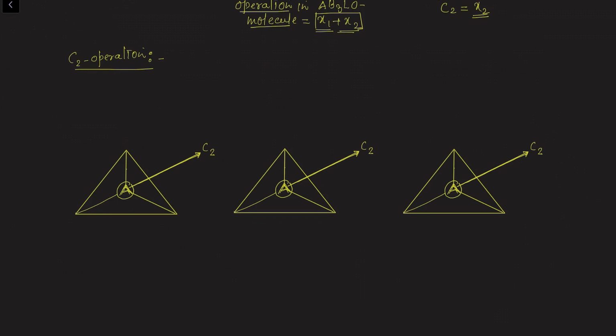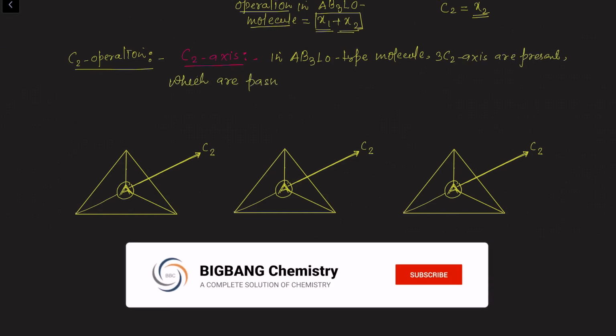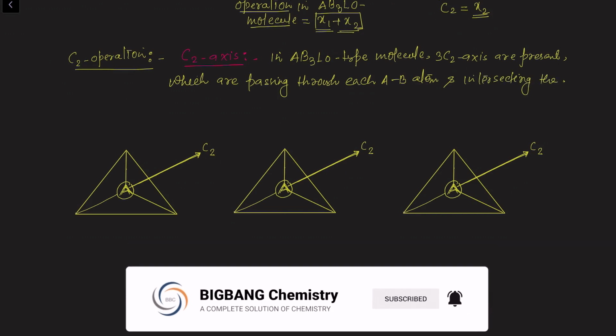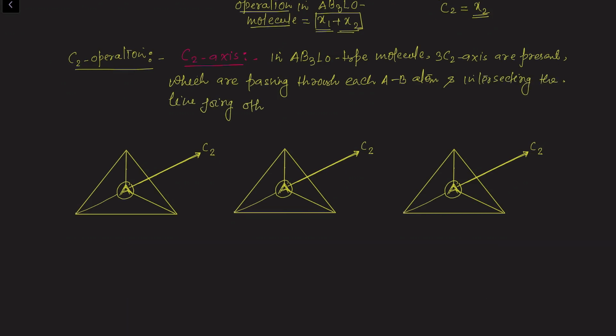How will we first represent the C2 operation or C2 axis? If we want to explain it in words, how will we explain the C2 axis? In an AB3L0 type molecule, three C2 axes are present, each passing through an A-B atom and bisecting the line joining the other two B atoms, and interchanging the positions of the other two B atoms with each other.